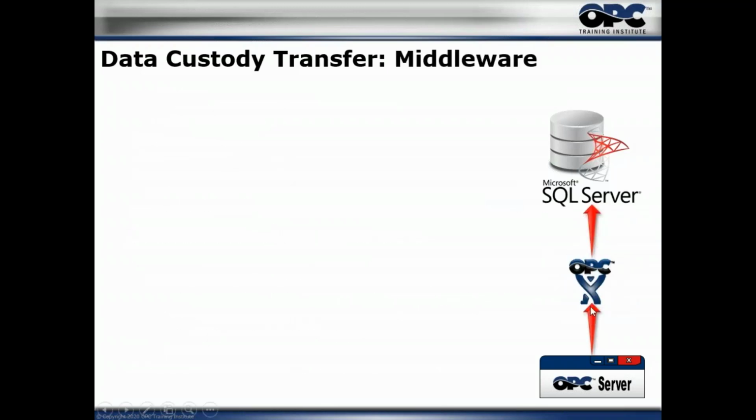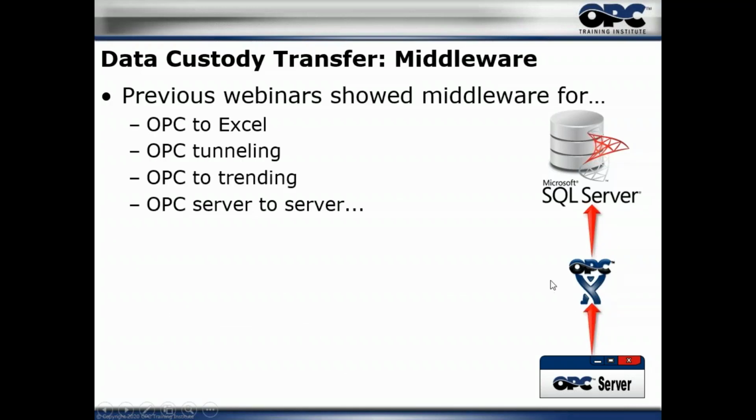Well, we're going to talk about this OPC Expert, which is the middleware we're going to be covering here. Now, in previous webinars, we already covered OPC to Excel. We showed you how to use this as middleware for getting data into Excel, or for tunneling, or for trending, or for server-to-server communication. So we've seen that already.